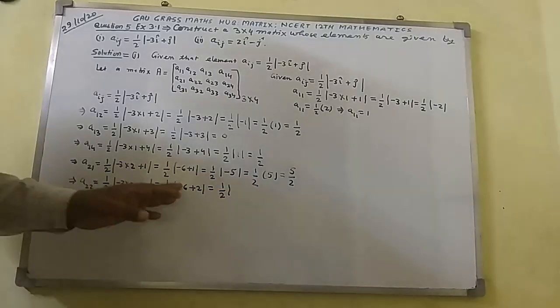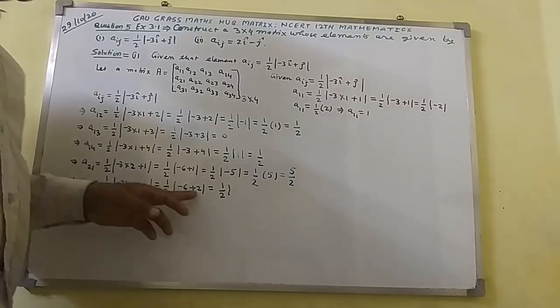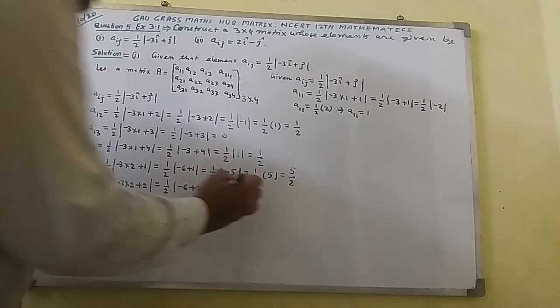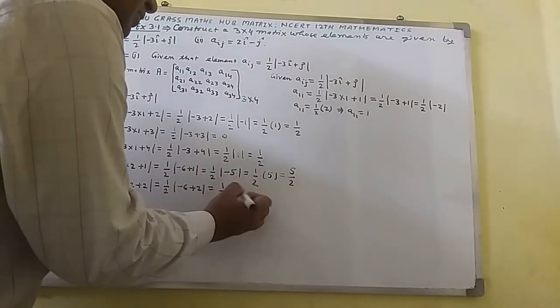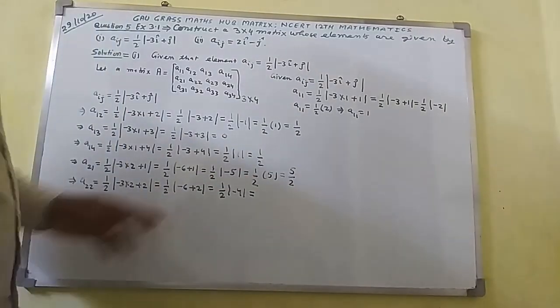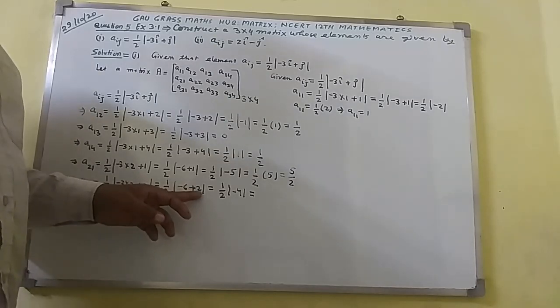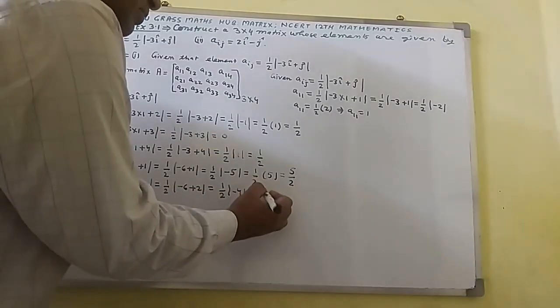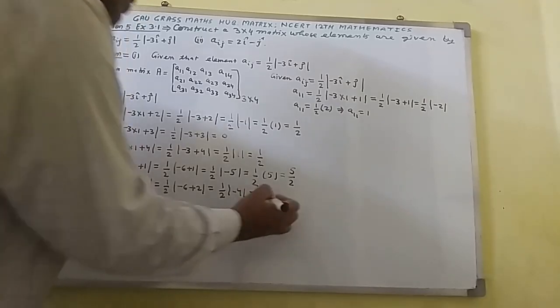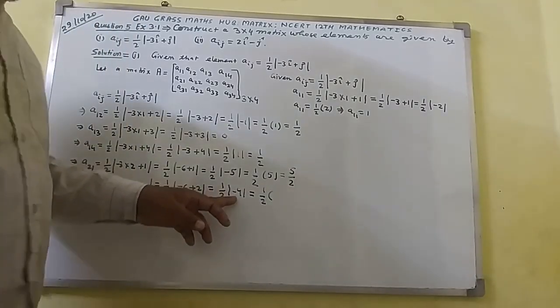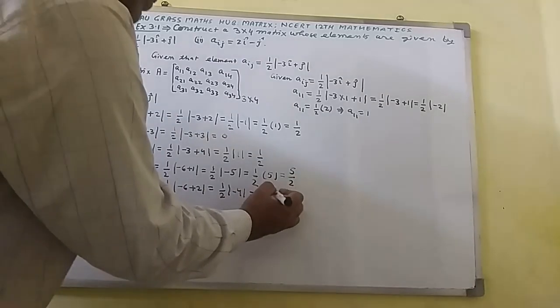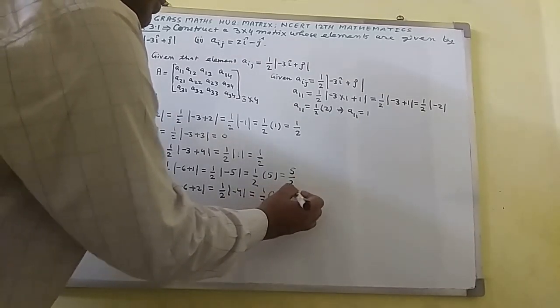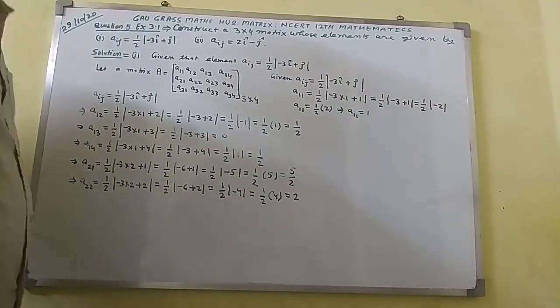Minus 6 added to plus 2 will give minus 4. Here we will get 1 over 2 in bracket, mod of minus 4 will get 4, comes out to 2. You will get only 2.